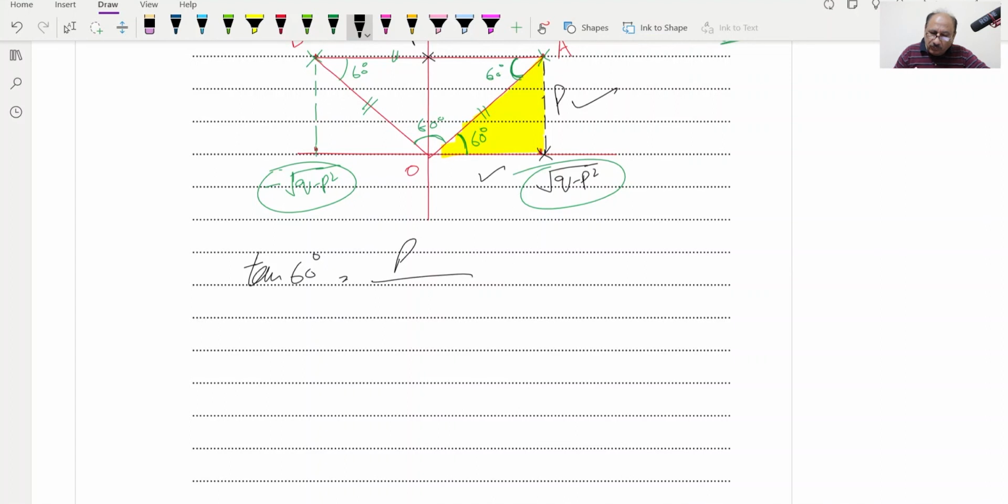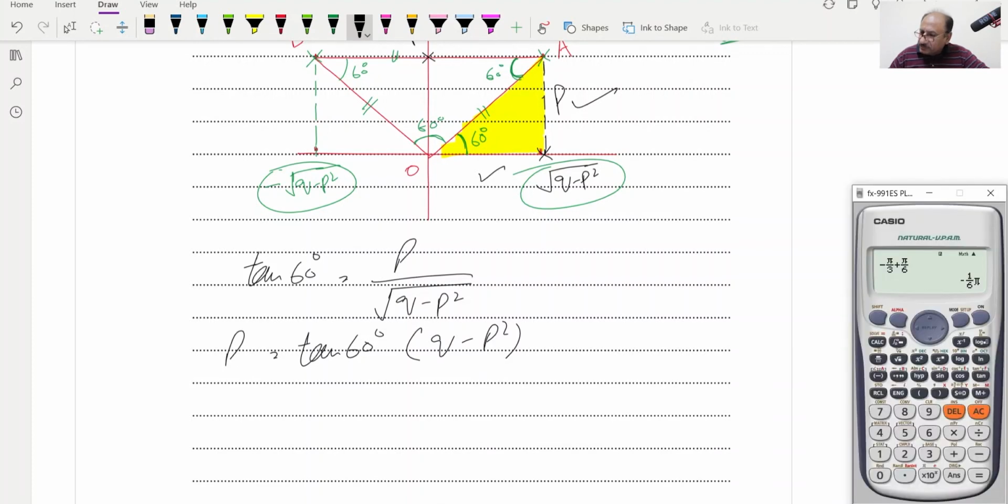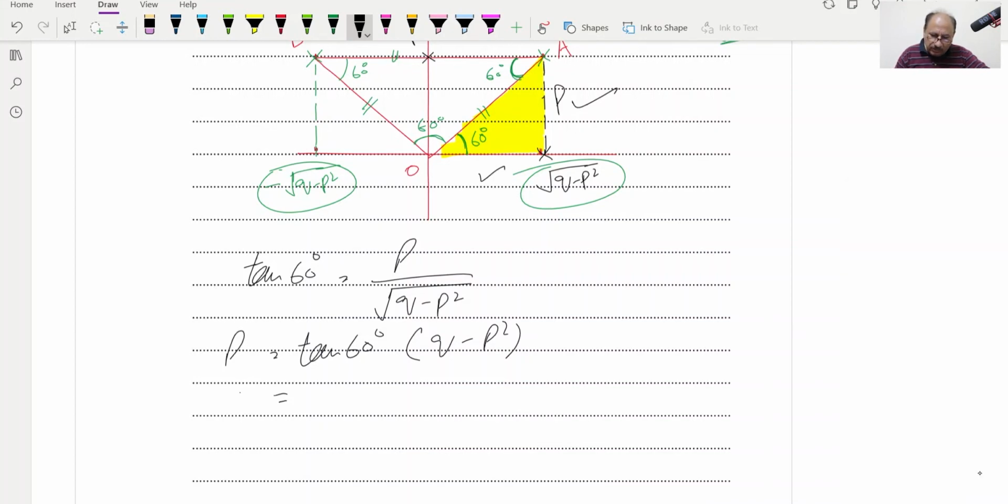So it will be p over under root of q minus p squared, and this will be p equal to tan 60 degrees times under root q minus p squared. So tan 60 degrees is what? Shift mode to degree mode, and this will be equal to under root 3. So we can write p is equal to under root 3 times under root q minus p squared.